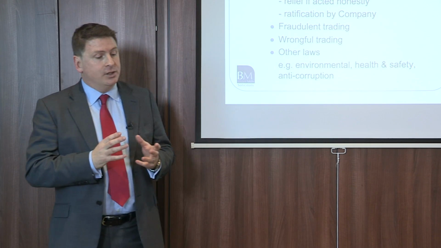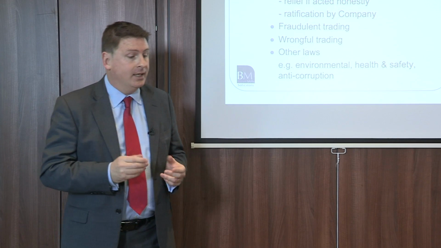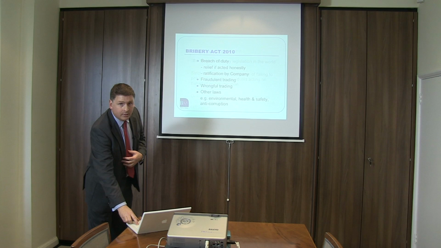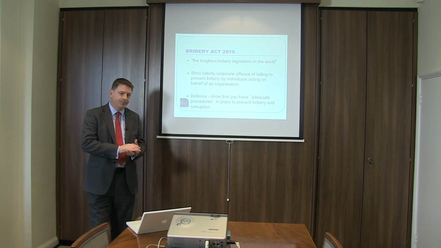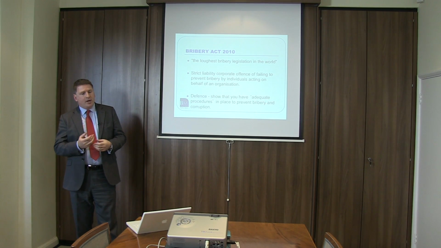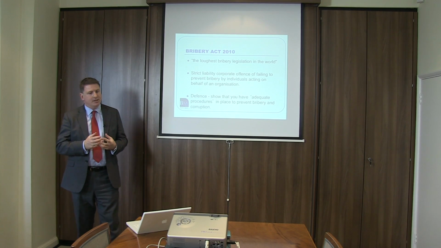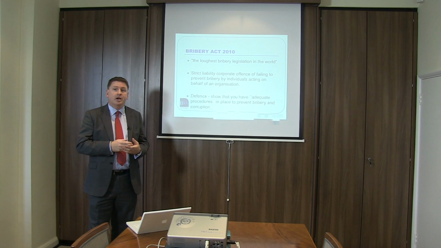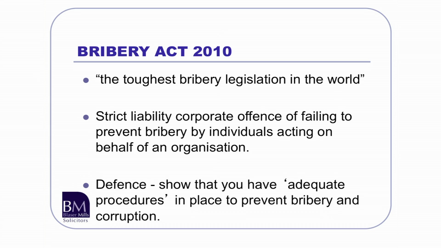Now, of those, one I'd just like to touch upon briefly is anti-corruption. And of course, I'm talking about the Bribery Act. The Bribery Act was introduced in 2010, it became law in 2011, and it was described by the Serious Fraud Office at the time as the toughest bribery legislation in the world.